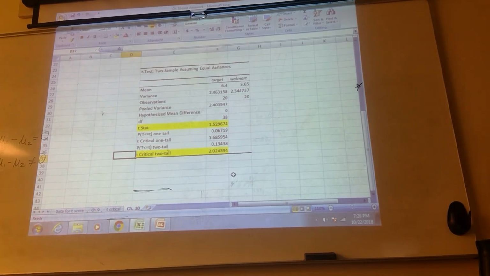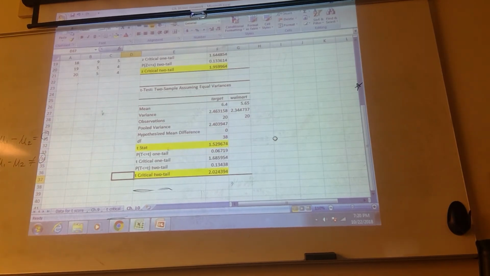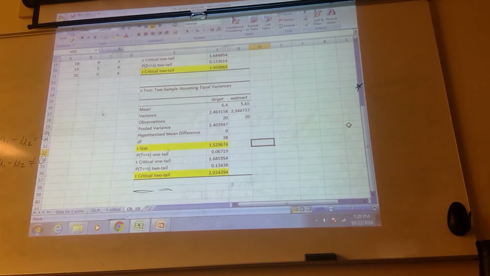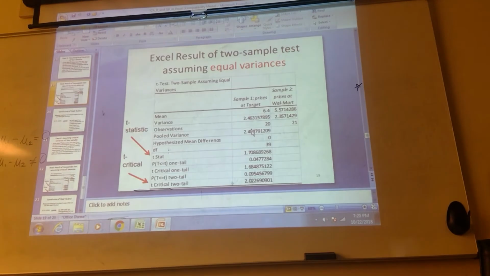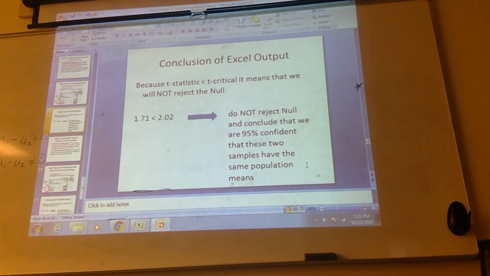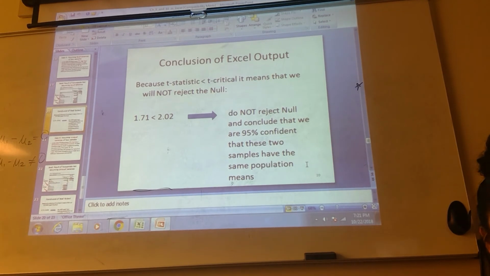All right, so this is our 2 tests. So what is it saying here? What can we say? Our T statistic is 1.529. Does it fall within or without the non-rejection region? It falls within, right? They got 1.71 because they have a slightly different set of values.